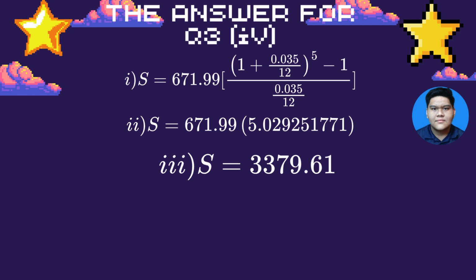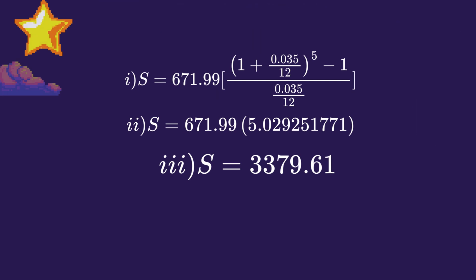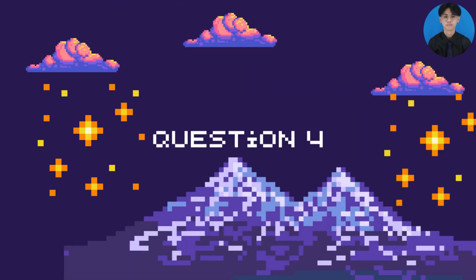After we calculate the equation, in the second one, S equals 671.99 opening bracket 5.029251771 closing bracket. So the final answer is S equals 3379.61.